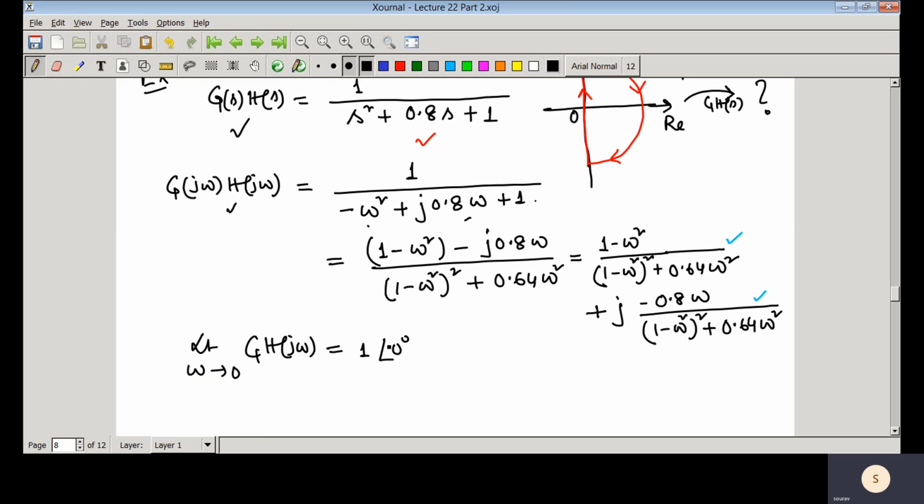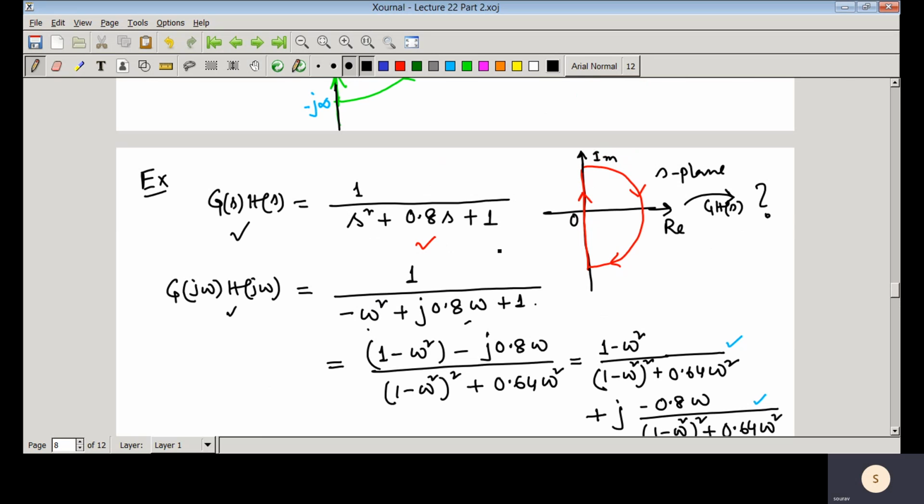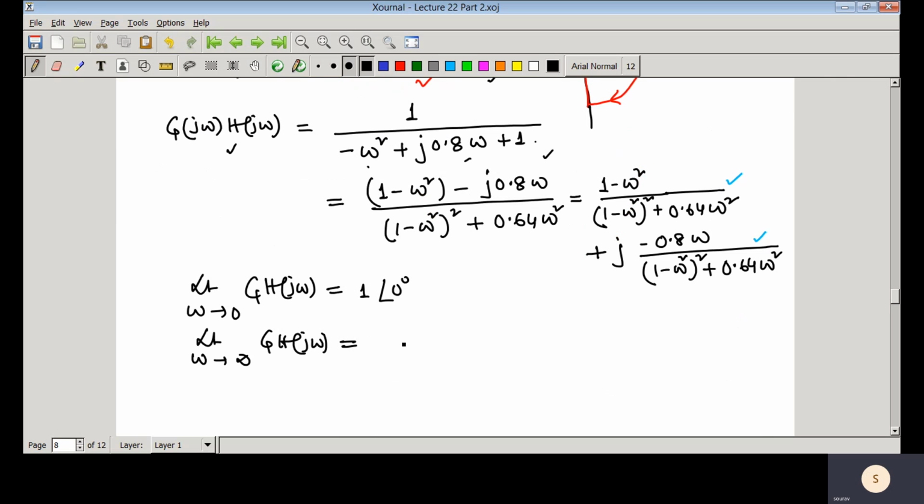And what would be the value whenever omega is tending to infinity? As it is strictly proper, omega tending to infinity, basically that would be 0.